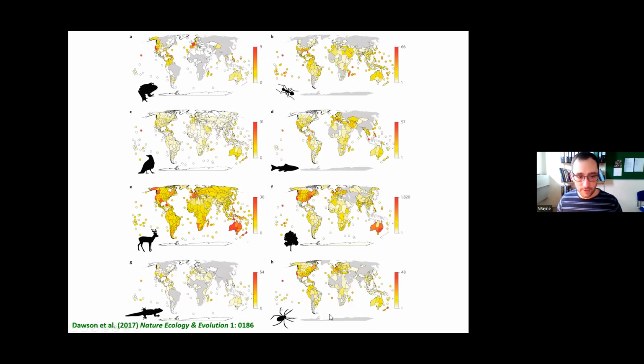The North Island of New Zealand is quite a hot spot. But then if we look at reptiles, the data are not so good, but Florida pops out as a hot spot. And then if we look at ants, again, Florida pops out as a hot spot. And in all of them, Hawaii tends to be, again, a hot spot for all of the taxonomic groups.